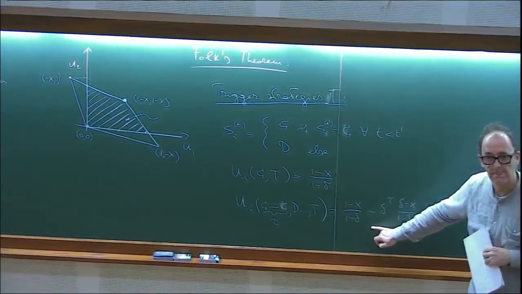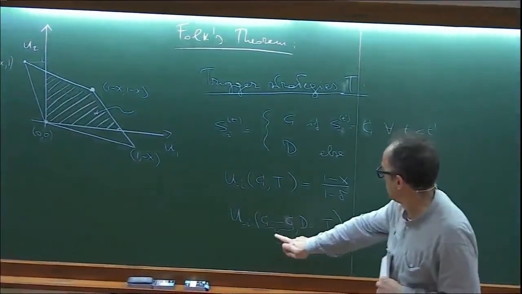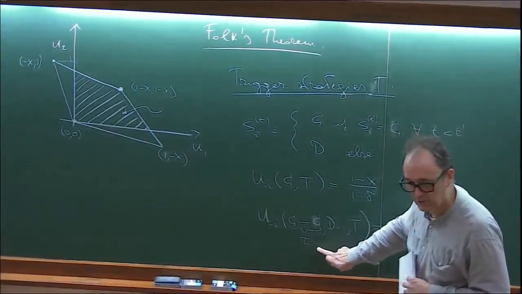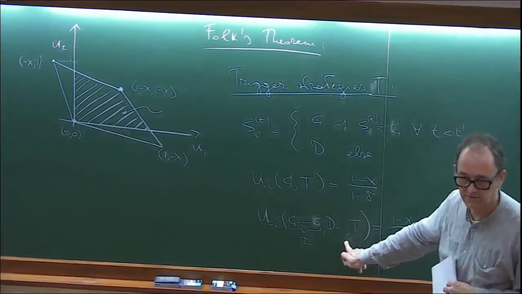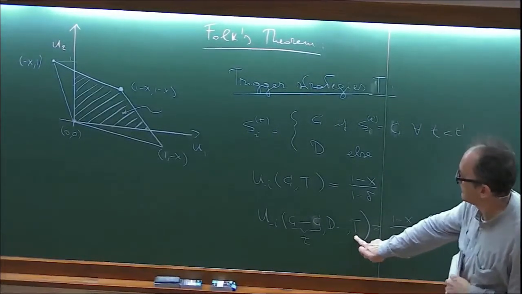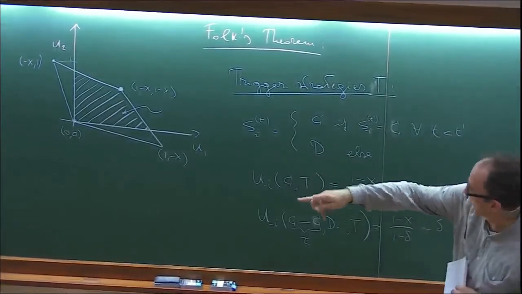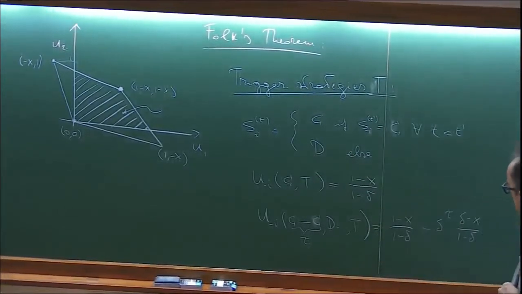Yes, this means that the opponent is cooperating for tau time steps, and then is defecting forever. I took the same symbol for the number of steps, sorry, but this is the strategy, this is the trigger strategy.